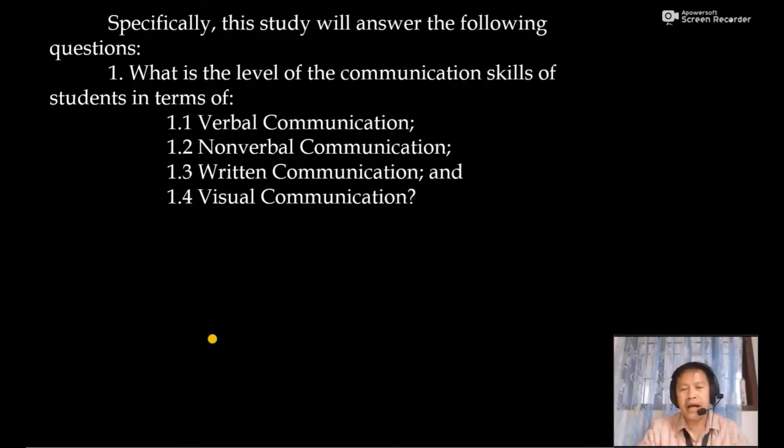Now, what are the other 2 research objectives? What are the other 2 concerns that you want to investigate? Because all of the indicators that you have already utilized are in your statement of the problem.